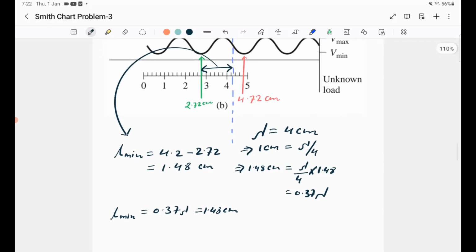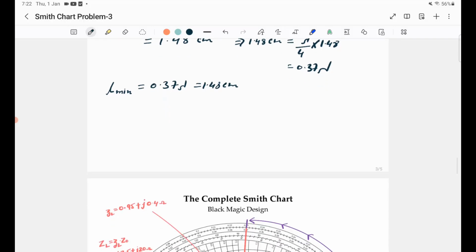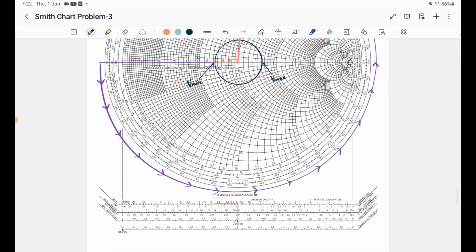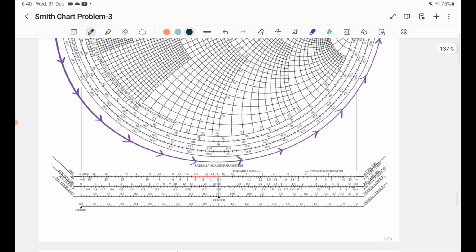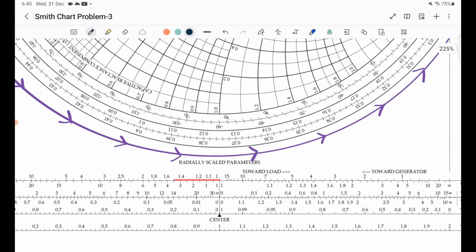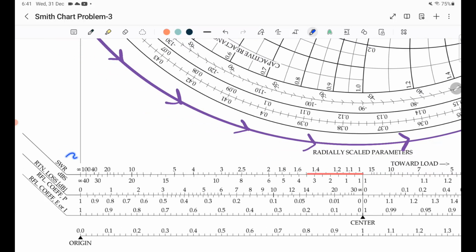Now we can move to the Smith chart and solve the remaining problem. Since in step 2, when the unknown load impedance is attached, the value of SWR is given as 1.5, if you see this in the radially scaled parameters, you can see this is the scale of SWR.